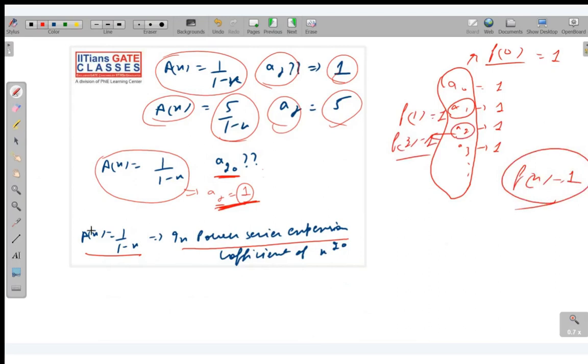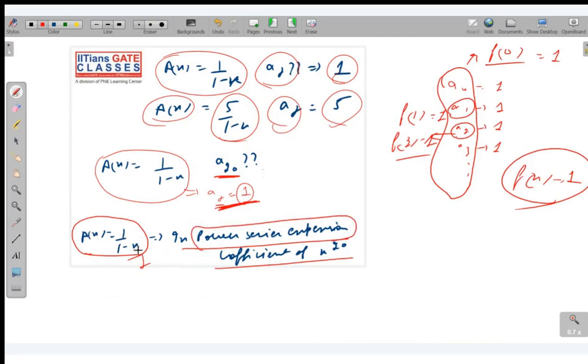Now see this, what they are saying: AX is 1 upon 1 minus X, and in the power series expansion, they are asking the coefficient of X power 20. They use these heavy words just to confuse you. So what is exactly this thing?